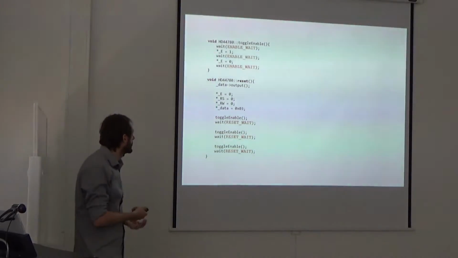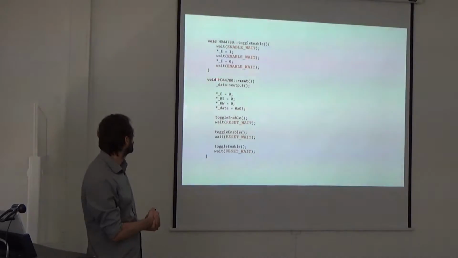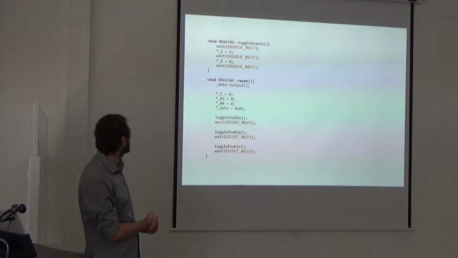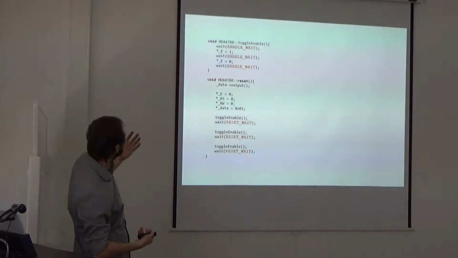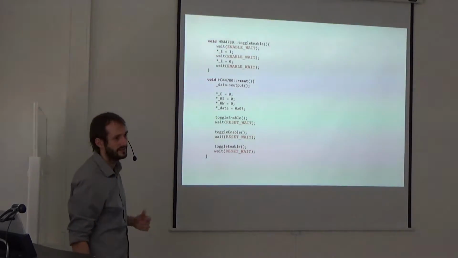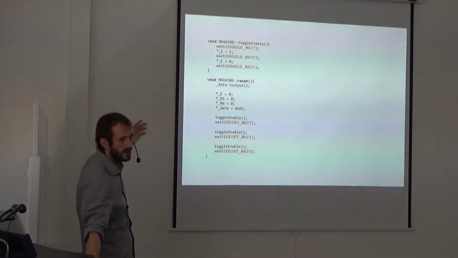I'm just guessing here. Then we call this whole dance of waiting and clearing, and then we wait again, and we call this whole dance again, and we wait again. So it's kind of a function calling a function calling a function. Well, how would you put that into a state machine, right? It is a little complicated. Plus, this is only like 10% of the code. There's a whole lot more there, right?